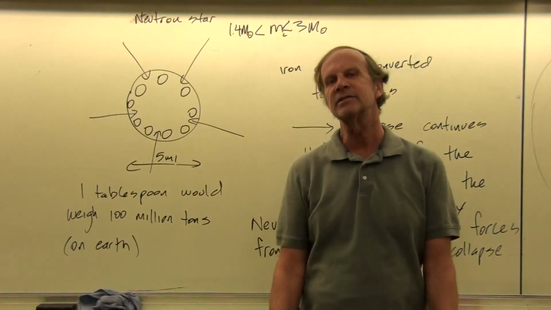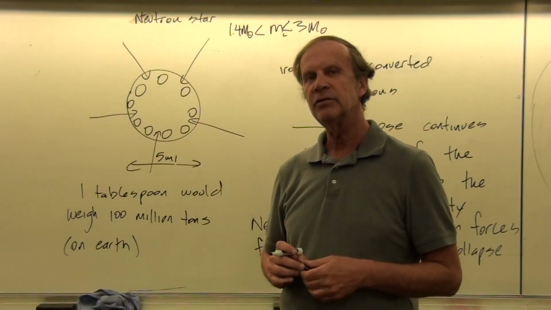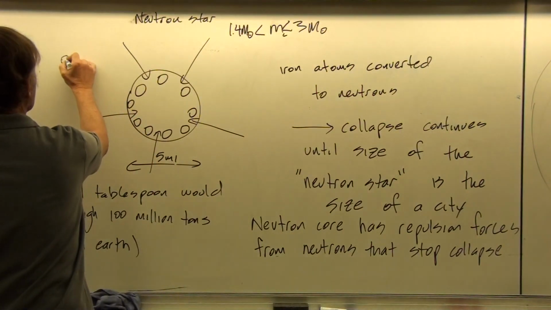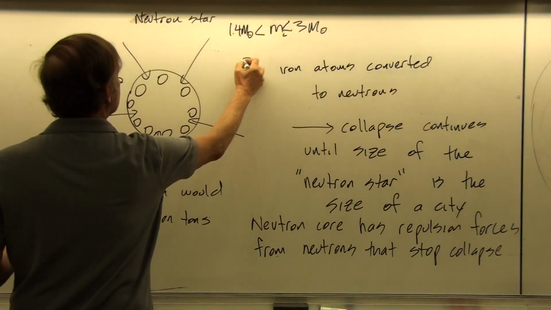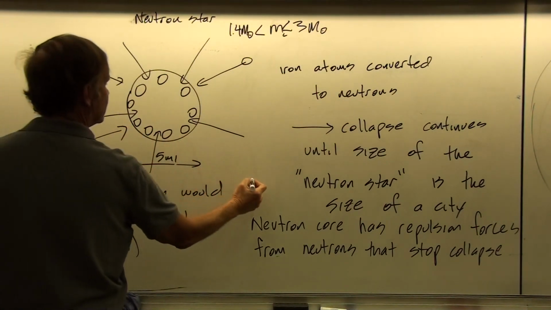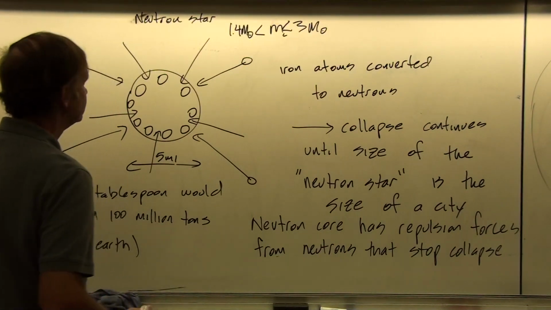All of a sudden, it's not hot enough for them to do their fusion reaction. And so the rest of the star starts to fall inward, imploding toward the neutron star. And so these particles then get going really fast.